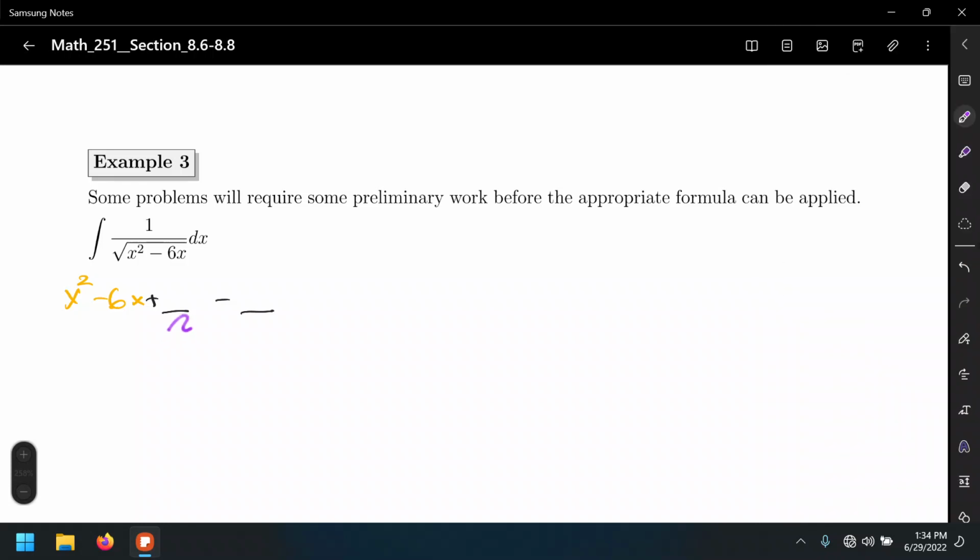What is that number? Let's call it m. All right, and that m is the middle coefficient, which is -6 divided by 2 squared. In this case, -6 over 2, that's -3. And -3 squared is +9. So that's the number that completes the square.